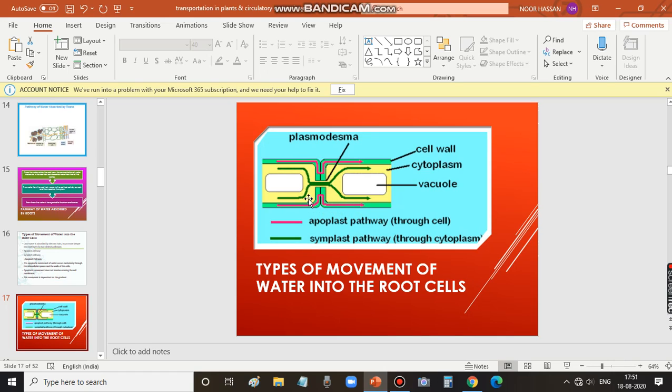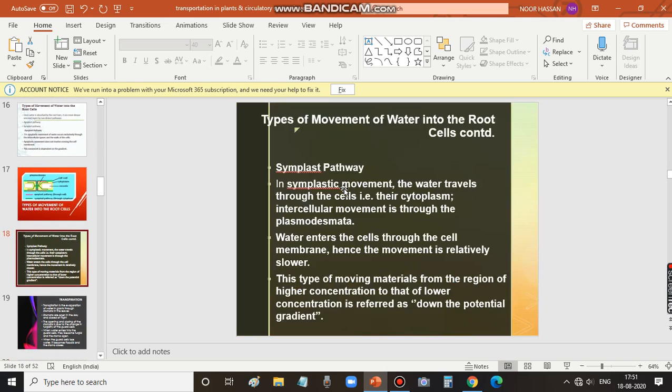But the other one, the symplast pathway, refers to movement of the water across the plasma membrane, that is through the plasma membrane and through the cytoplasm. Okay, and so this is again to explain the symplast pathway. In symplastic movement, the water travels through the cells, as I said earlier, that is through the cytoplasm.